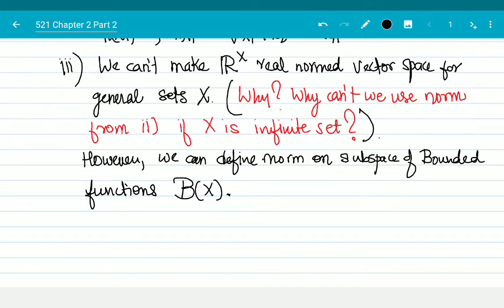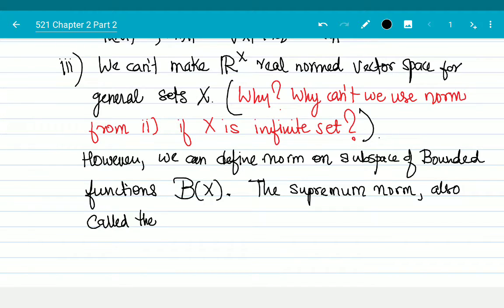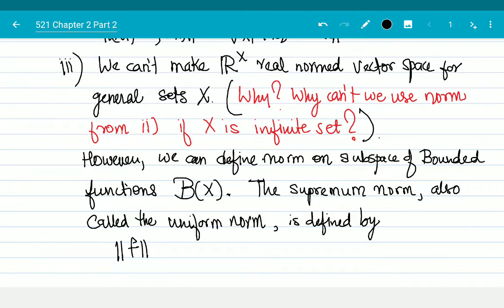What is the norm? The supremum norm, or the sup norm for short, also called the uniform norm, is defined by the norm of f, generally denoted with U for uniform norm, equal to the supremum over x belonging to X of the absolute value of f of x.